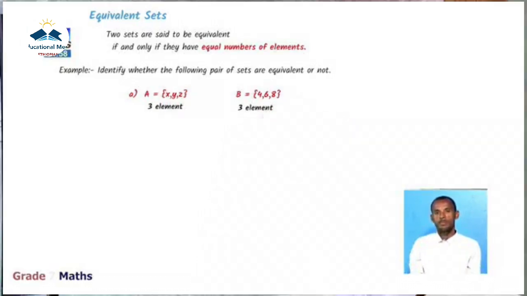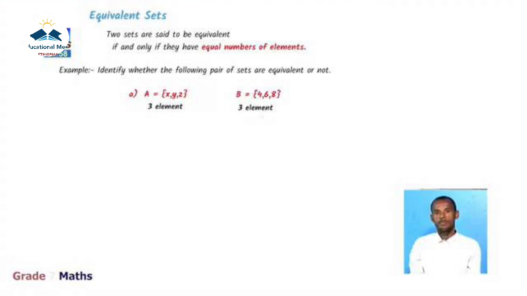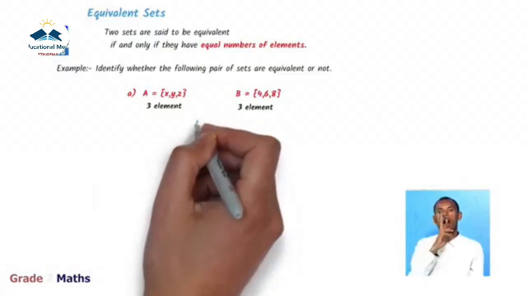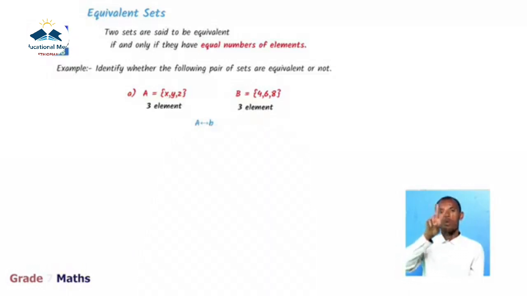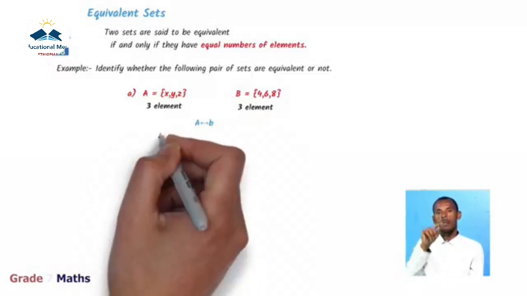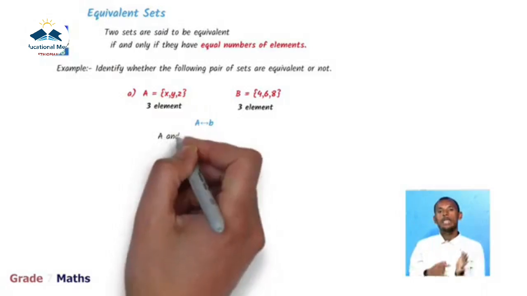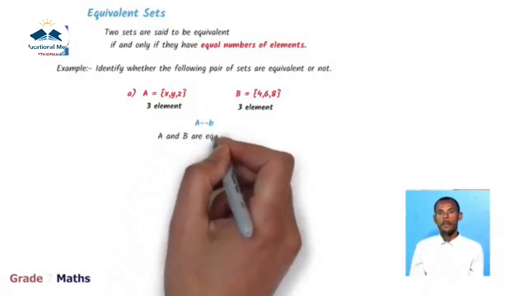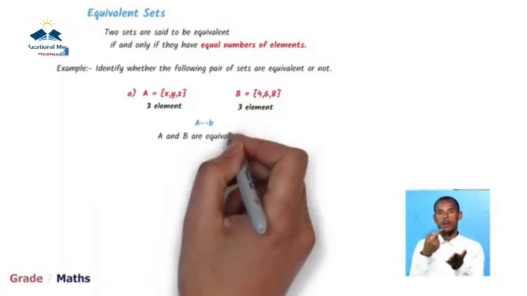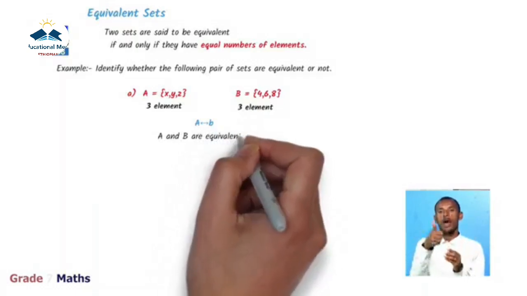Since these two sets have an equal number of elements, the two sets are said to be equivalent. Therefore, A and B are equivalent sets. Symbolically, we can write A and B are equivalent in this form.